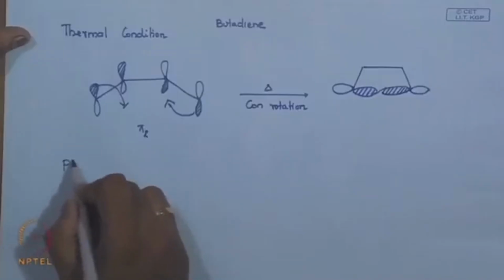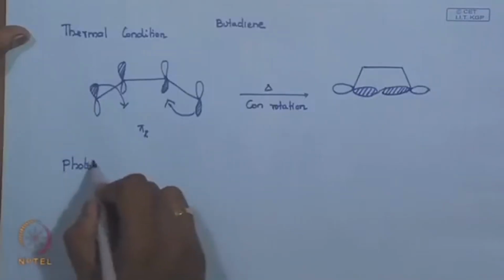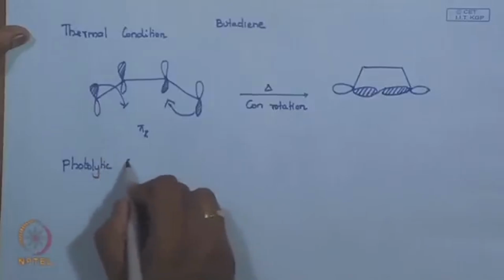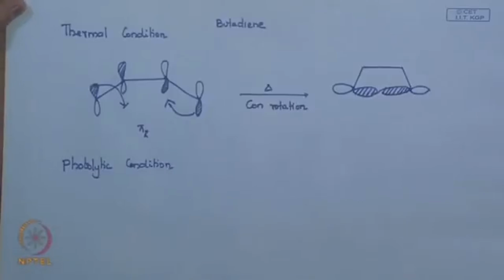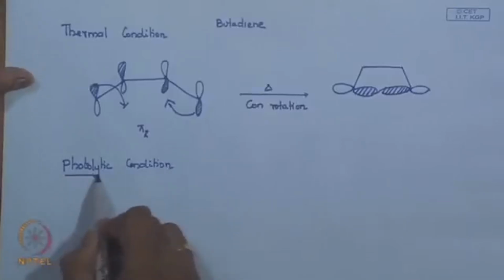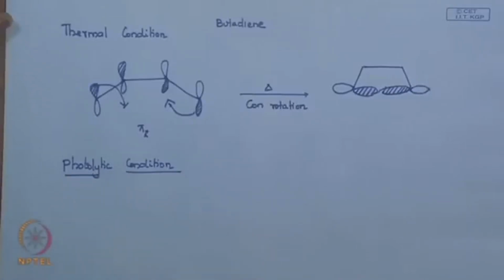Okay. Now, we will see photolytic condition. You take the reaction and shine it with the appropriate wavelength of light, fine. So, we will see what happens in photolytic condition. If I say photolytic condition, what molecular orbital of your butadiene should you think of? Yes, pi 3, very good. Pi 3, that is your LUMO, lowest unoccupied molecular orbital.